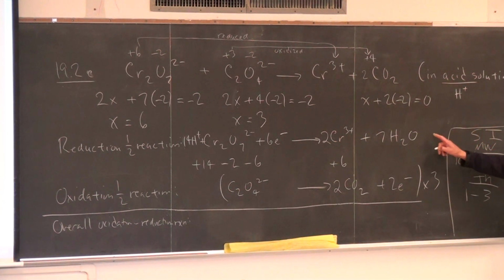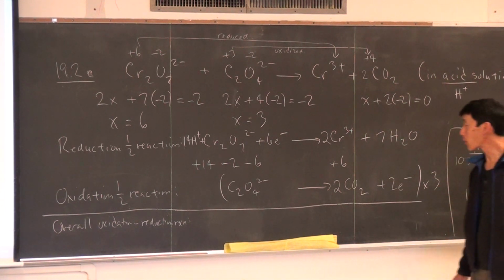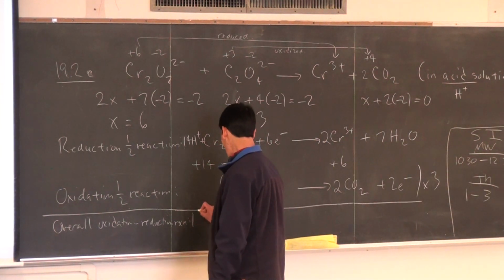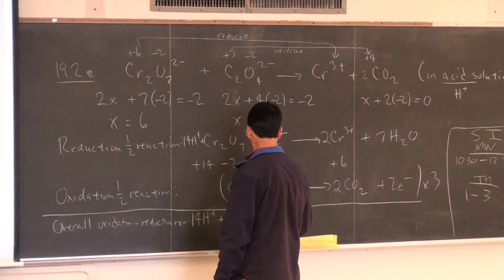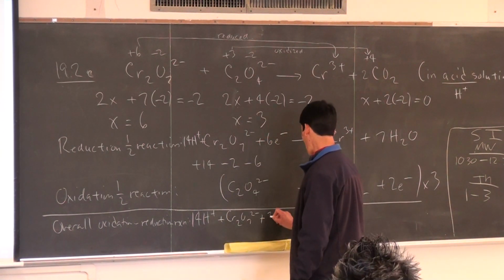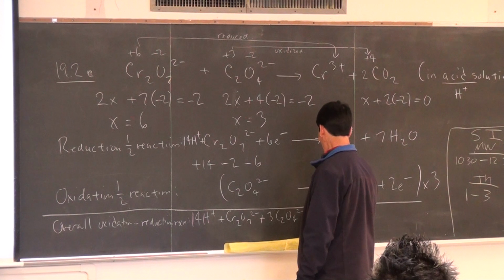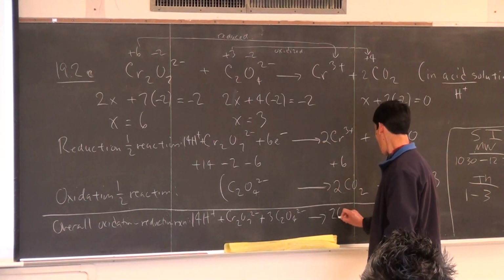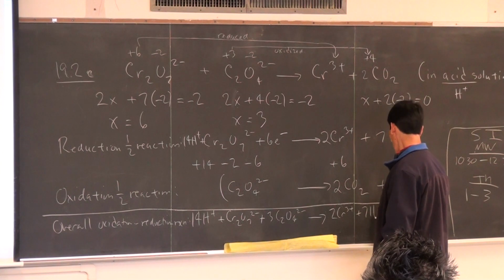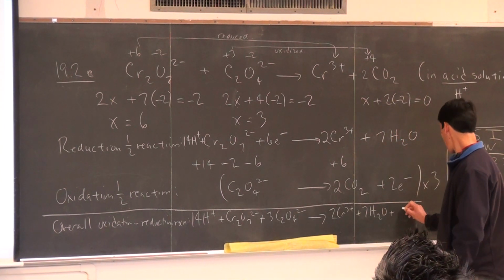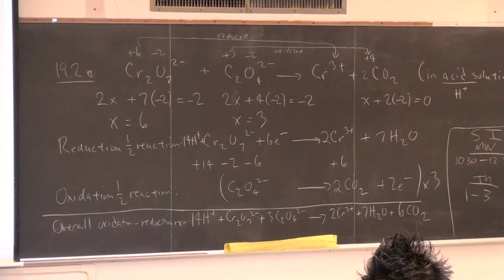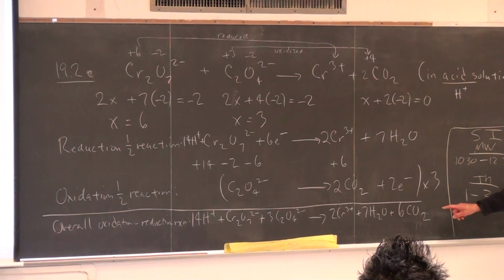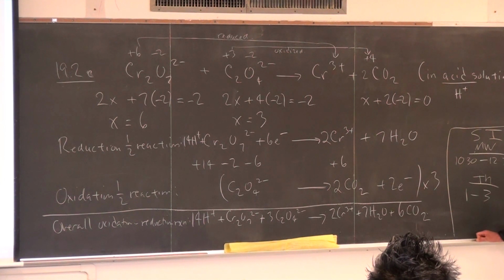And then we can add the reduction to the oxidation. We'll have our balanced oxidation-reduction reaction. We have 14 H+, Cr2O7 2-, plus 3 oxalates going to... here's our balanced oxidation-reduction reaction. And the conservation of mass and the conservation of charge laws should be obeyed in our balanced oxidation-reduction reaction.